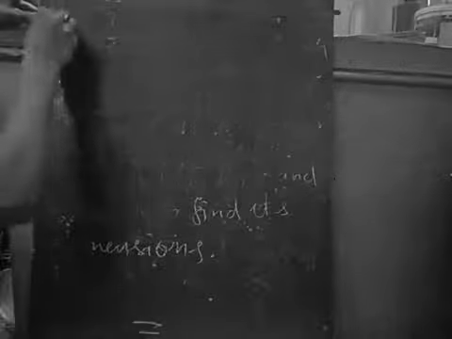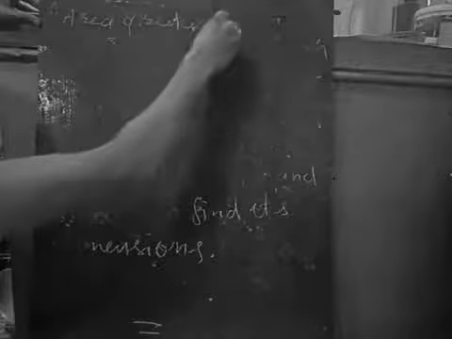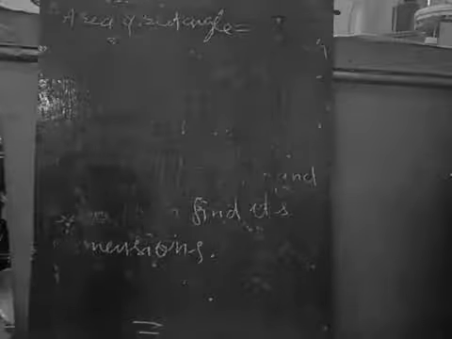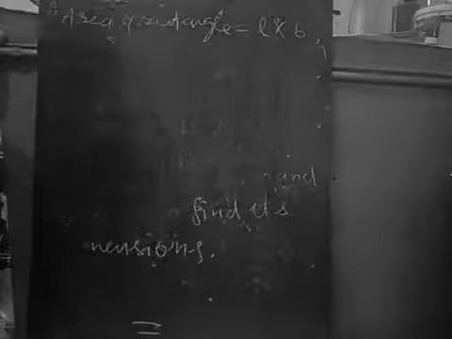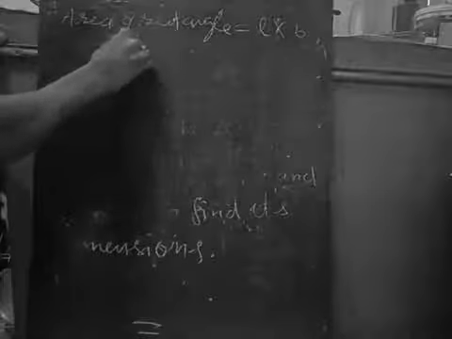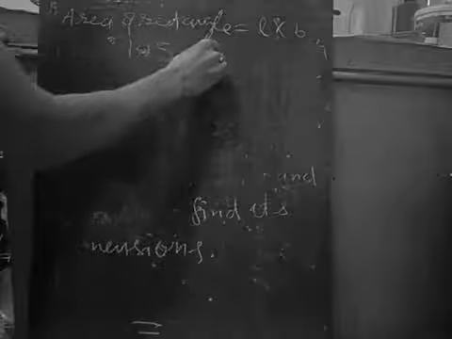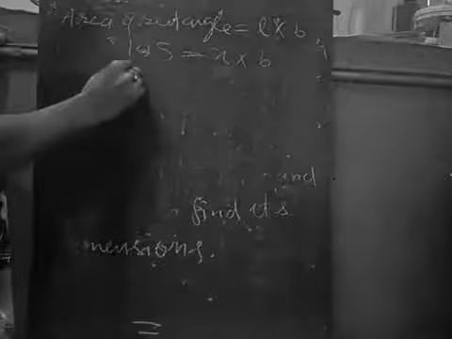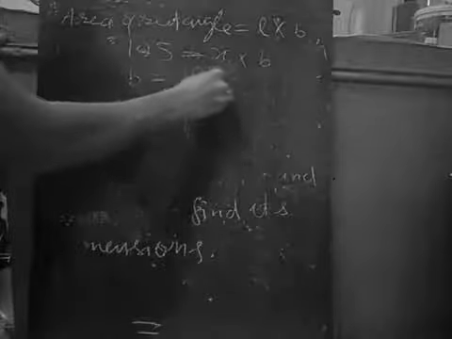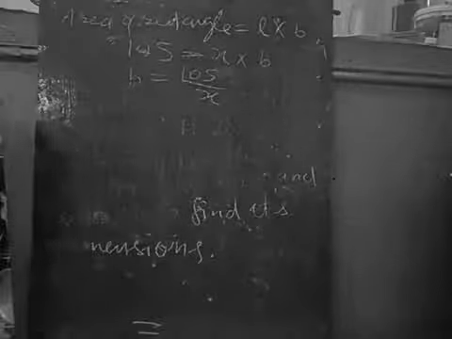The area of the rectangle is 105 cm², the length is given as x, and we have to find its breadth. So breadth is equal to 105 upon x. This is the first part, breadth in terms of x.